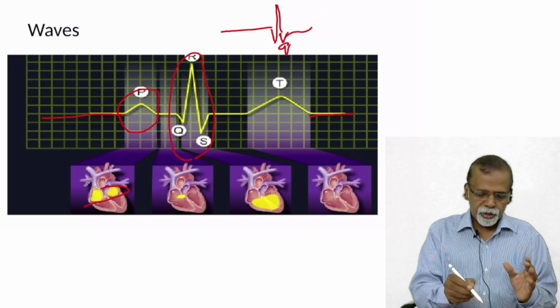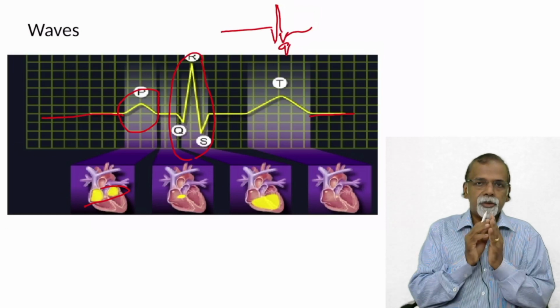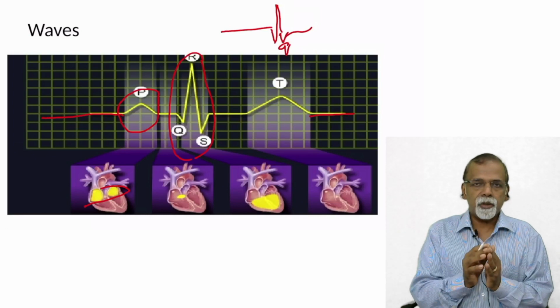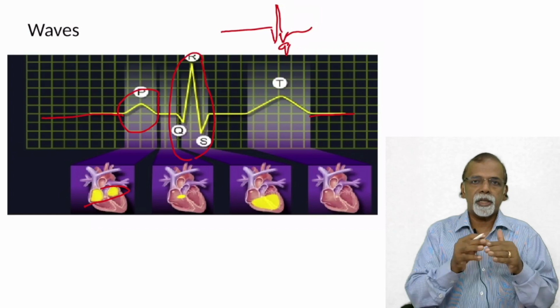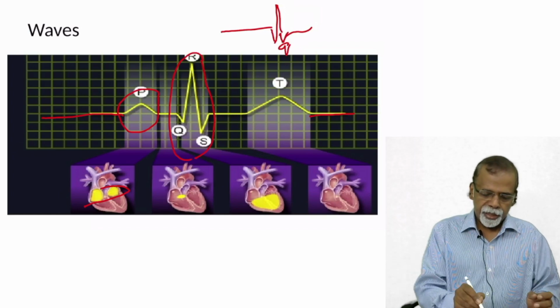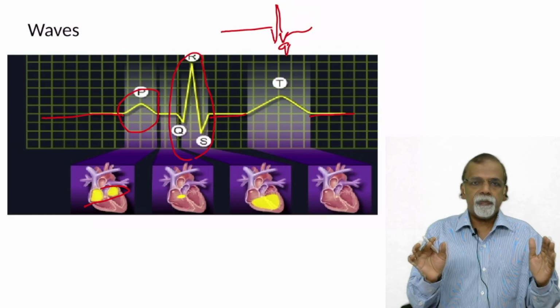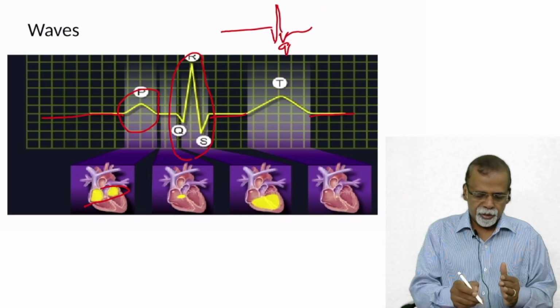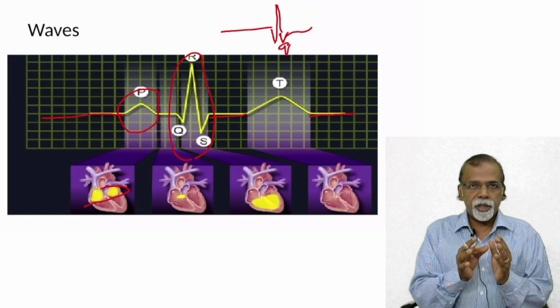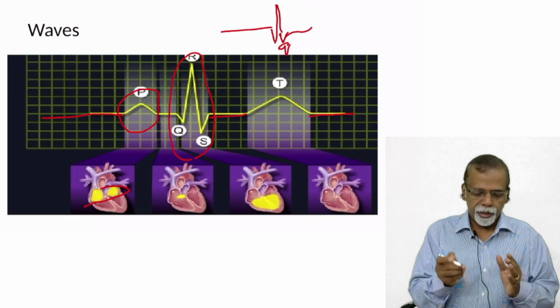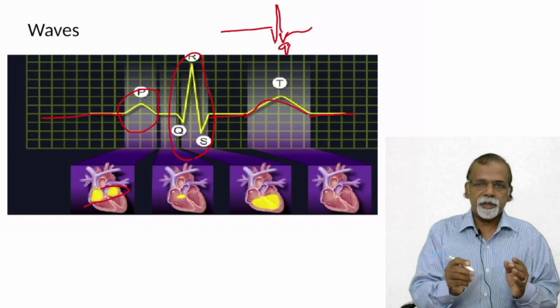You should remember that the QRS complex is due to depolarization of the ventricular myocardium. Right ventricle, left ventricle, the sum total is recorded. Then again there is no electrical activity. After some time, the ventricular myocardium repolarizes, and repolarization produces a wave, the T wave.